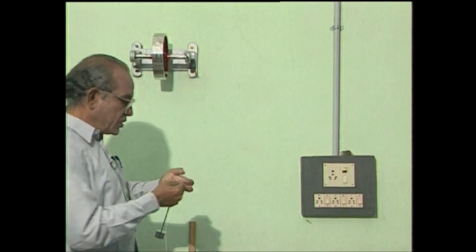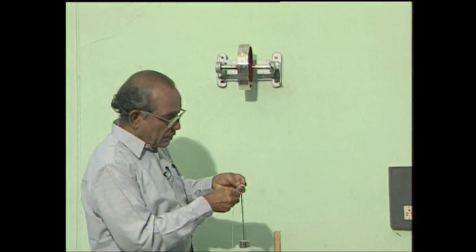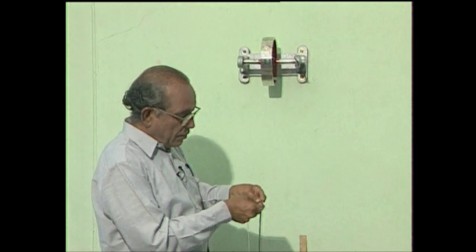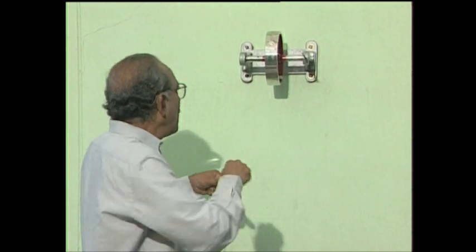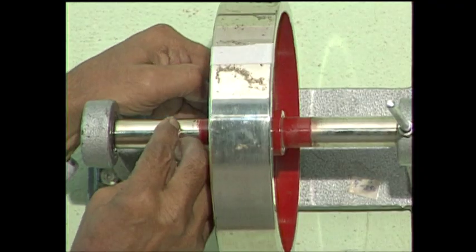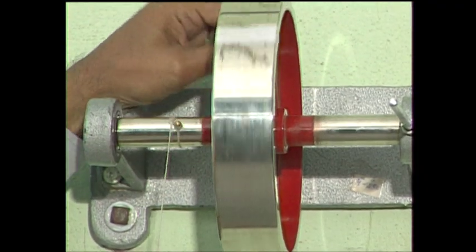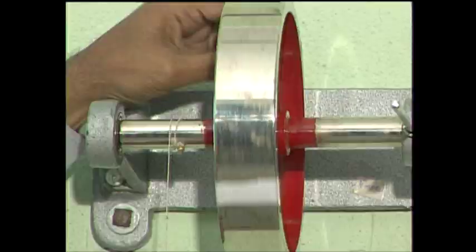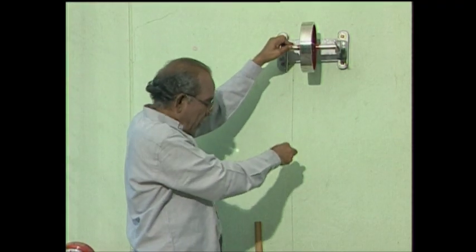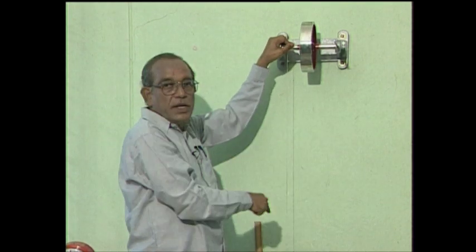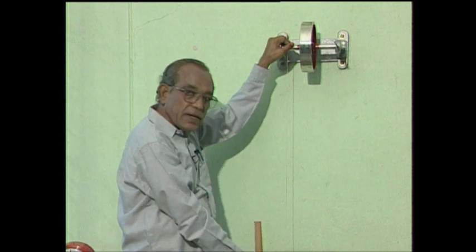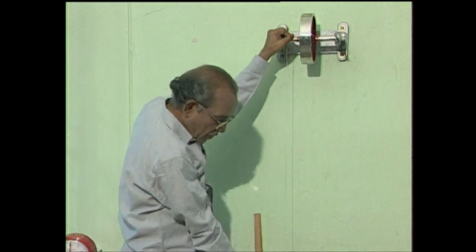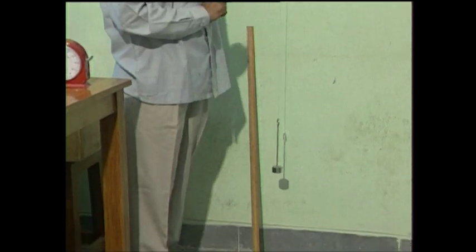I am taking this weight and fixing it in the hole of the axle. Now, first of all, I have to adjust the height at which it hangs from the floor to a certain height.